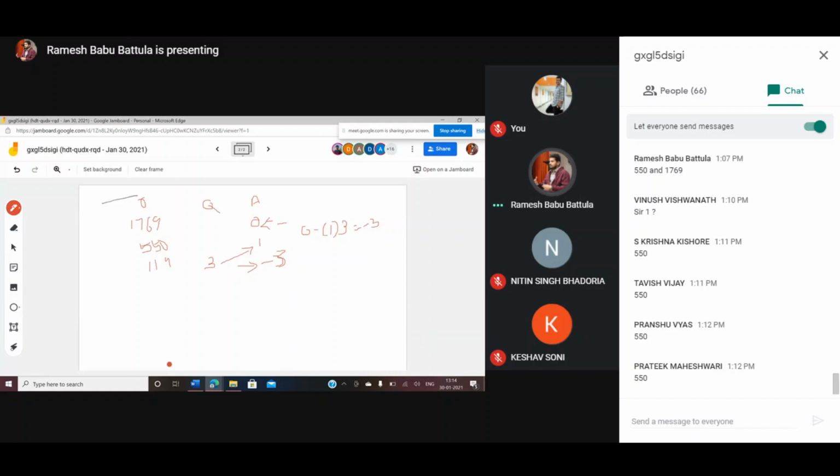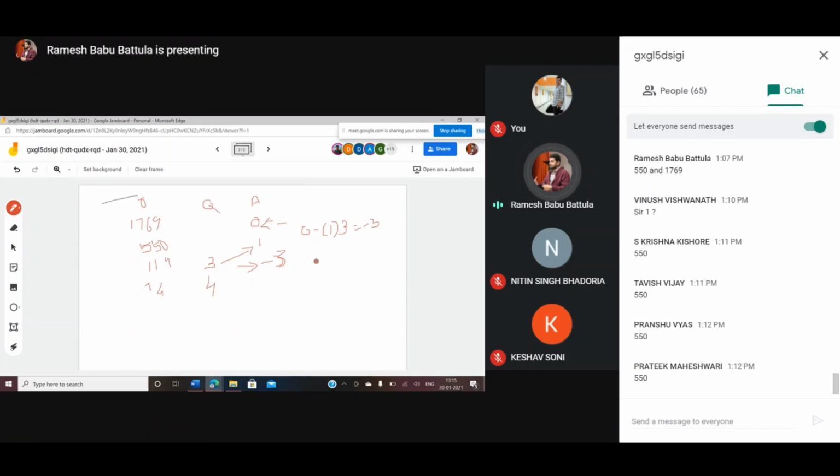Again 4 you write down here. The coefficient is 4: 119 fours are 476, and 550 minus 476 gives 74. You continue the same procedure. Here the coefficient is 4.